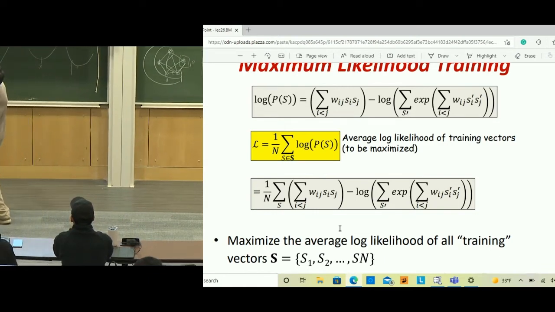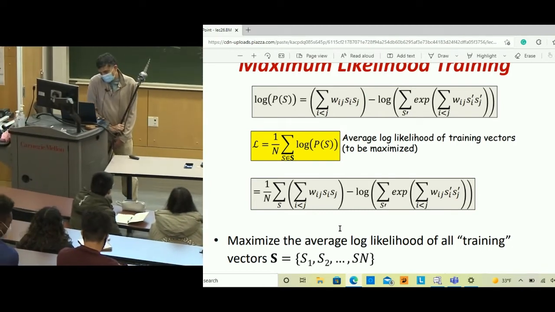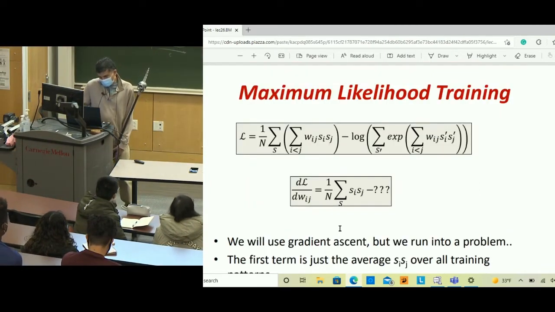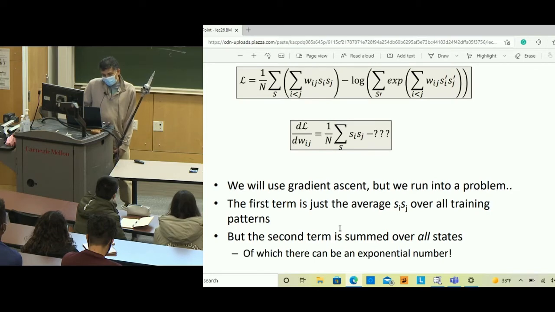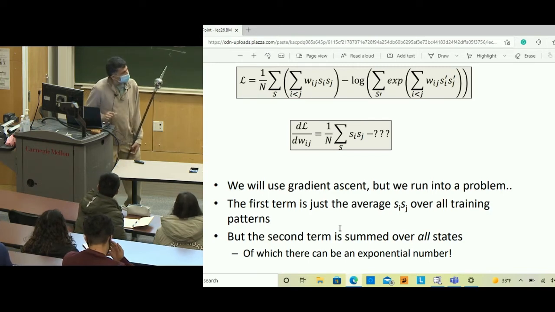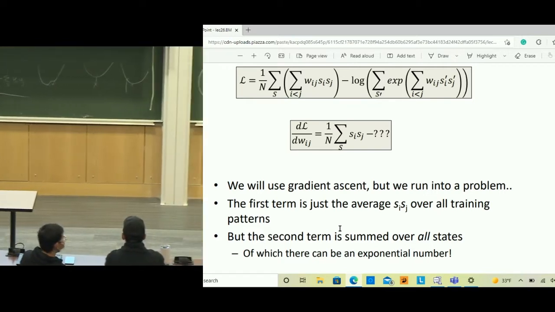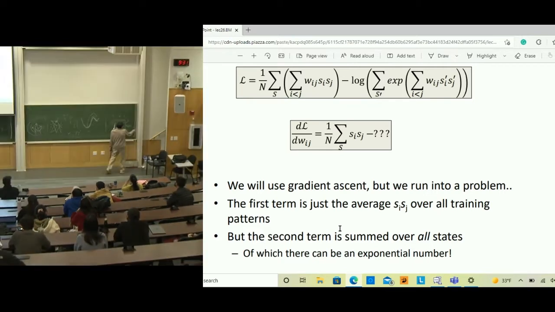What is this second term? If I take the derivative of this with respect to wij, there's a summation inside the log, right? And because I have a summation inside the log, I end up with a pretty nasty equation.